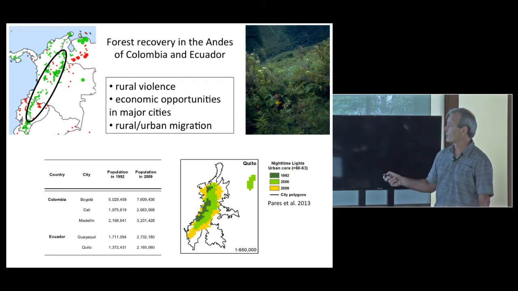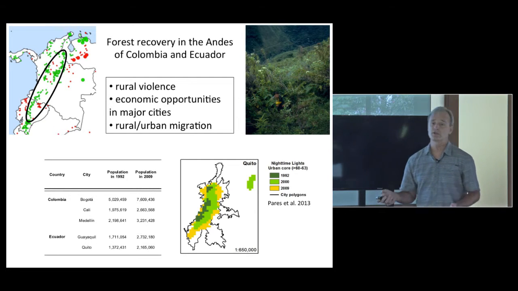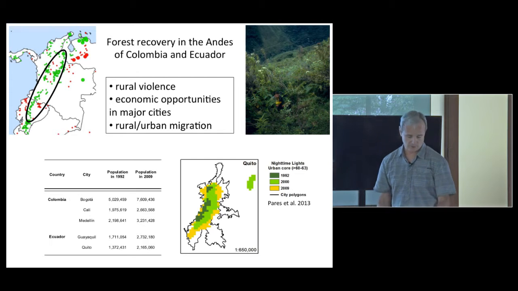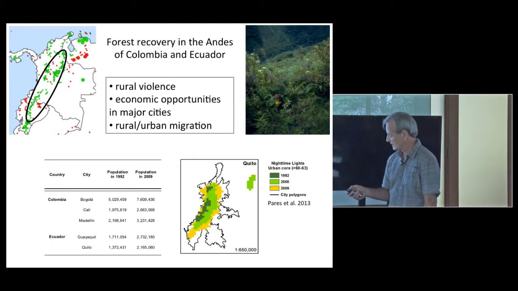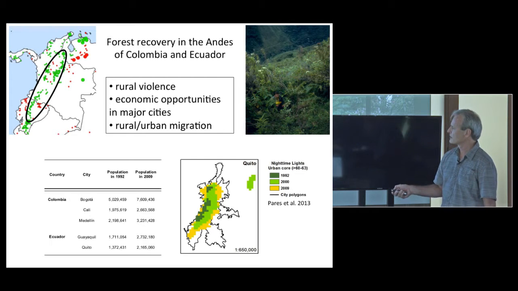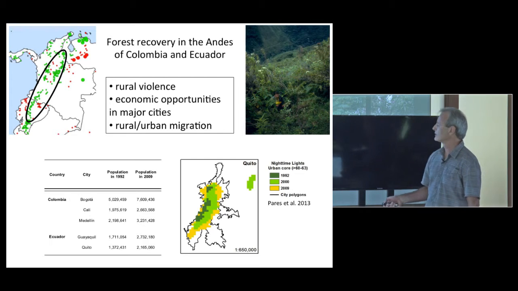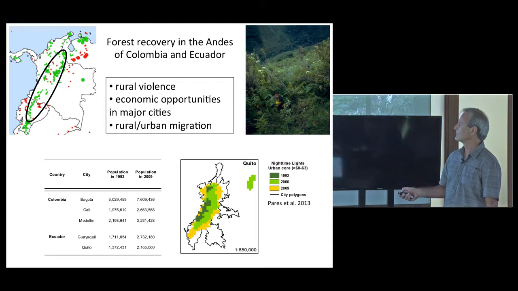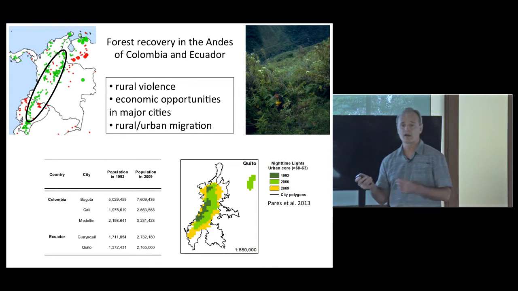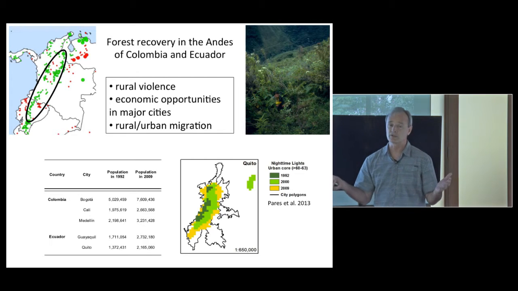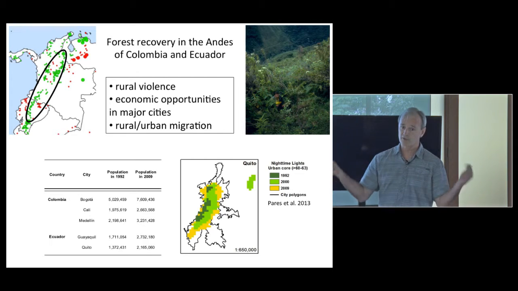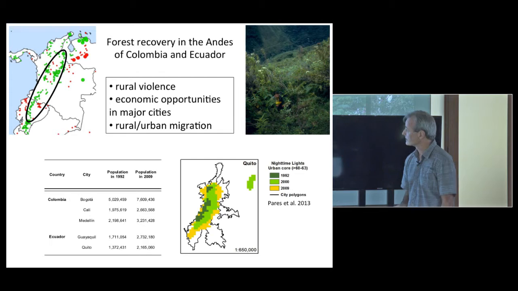There have also been strong economic opportunities in major cities and rural-urban migration. One of the things you see is that the three major cities in Colombia, and Guayaquil and Quito in Ecuador, between 1992 and 2008 all grew by almost over 1 million people. So there was a lot of movement into these cities.